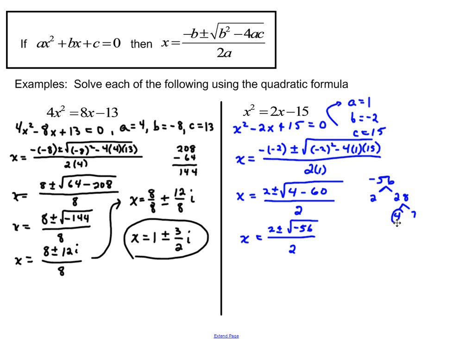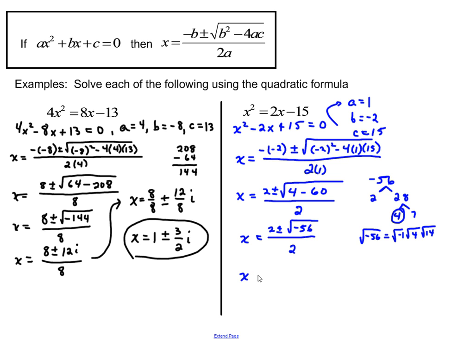And 4 is a perfect square factor. So the square root of negative 56, we'll put it over here, is really going to be the same thing as the square root of negative 1 times the square root of 4 times the square root of 14.